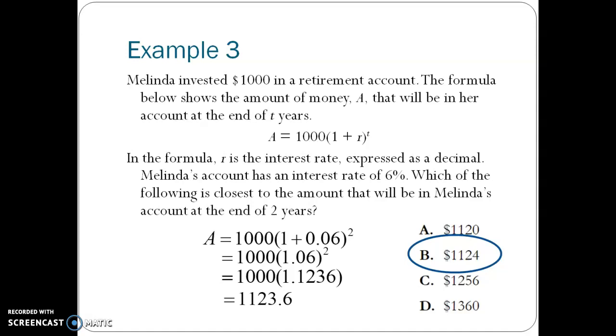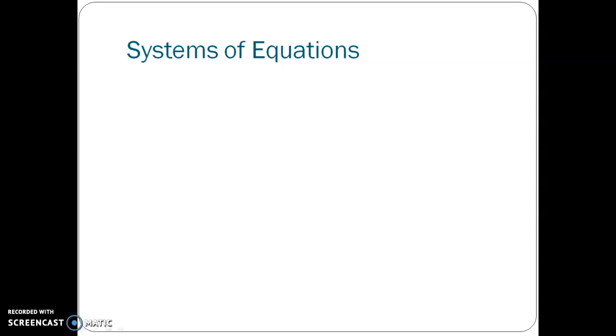All right, the last thing we're going to talk about are systems of equations. So in a system of equations, you want to first start off by determining what the 2 unknowns are. After you've determined what those 2 unknowns are that you're going to solve for, you're going to write a system of equations that represents the information given.